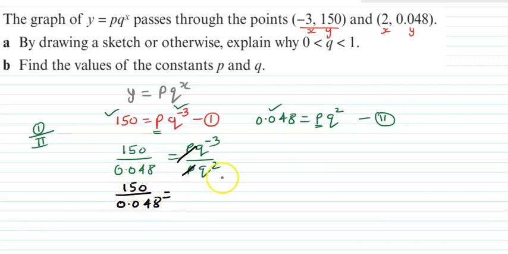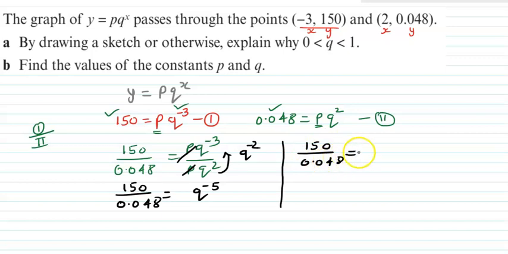Okay, now 150 divided by 0.048, and here it should be q to the power, when it is going up, so it should be q to the power -2. -2 and -3 becomes q to the power -5, right? So q to the power -5, this you can write down 150 divided by 0.048 equal to 1 over q to the power 5. I have done positive power, right? So this you can write down, flip both sides.